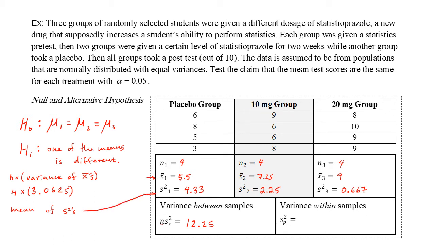So now we'll look at these three values here and just take the mean of these three numbers. You can add them up and divide by 3. That'll give us something around 2.416. That'll be the MS error.